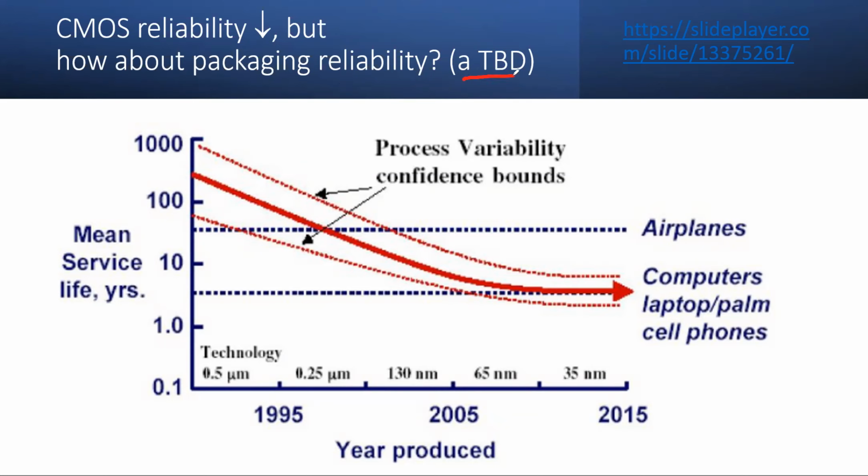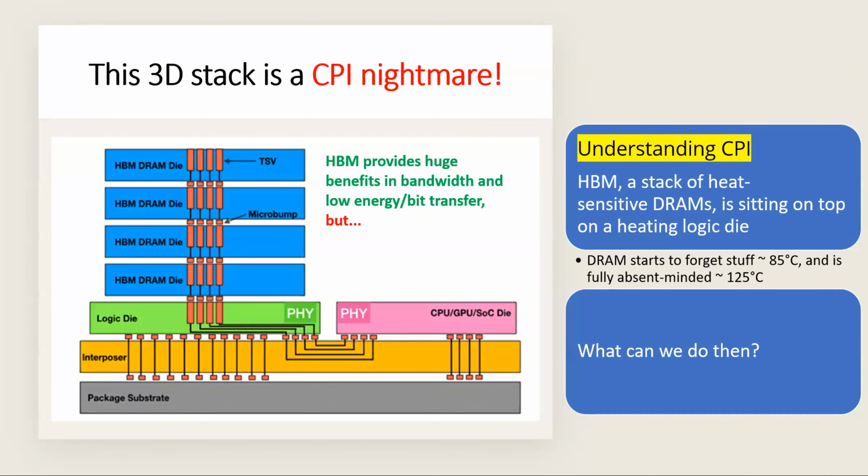And what about packaging reliability? I could only say it's a TBD. It's still evolving, with many new technologies, many new types of packaging, and many new materials being introduced. Let's give a very harsh example: a 3D stack, a chip packaging interaction (CPI) nightmare, looking at the HBM on top of a logic die.